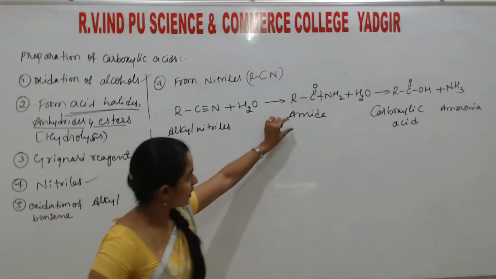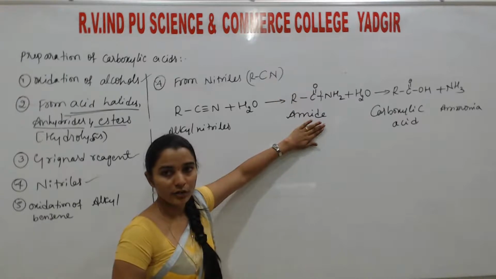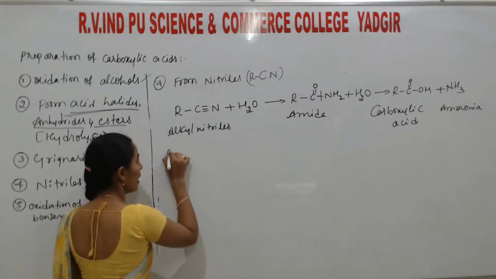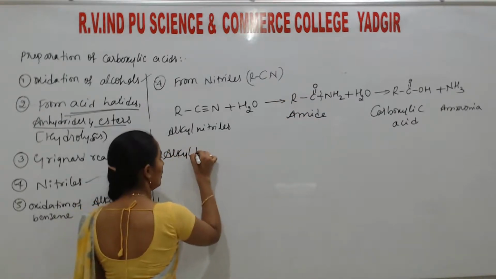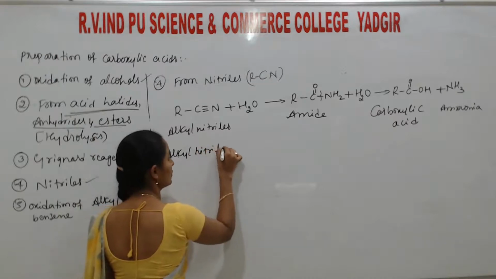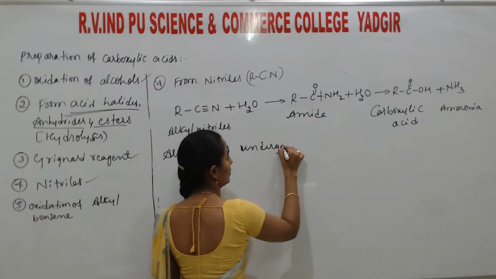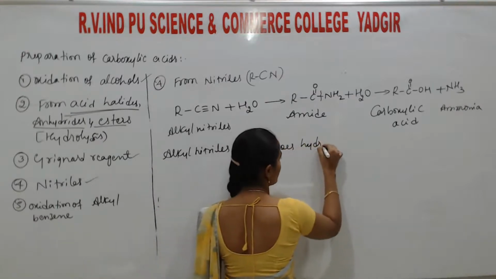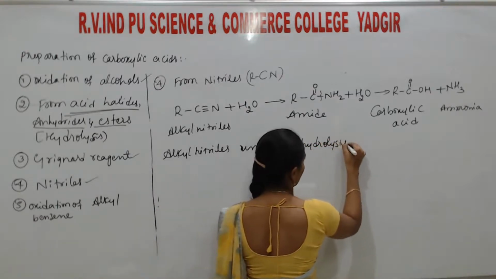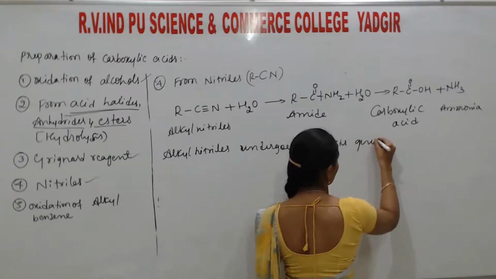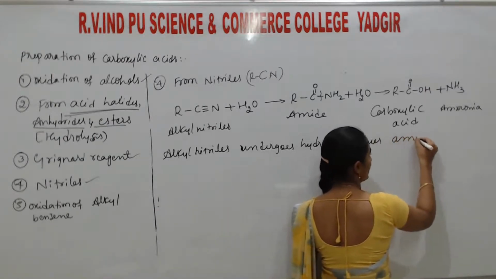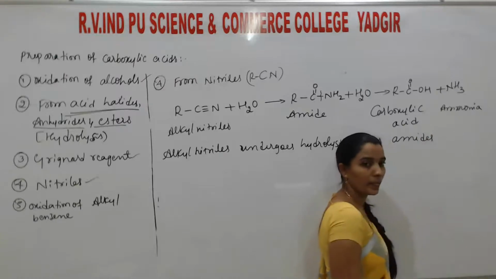Okay, so listen, here we can mention the name of the compound. Alkyl nitriles undergo hydrolysis, give amides.